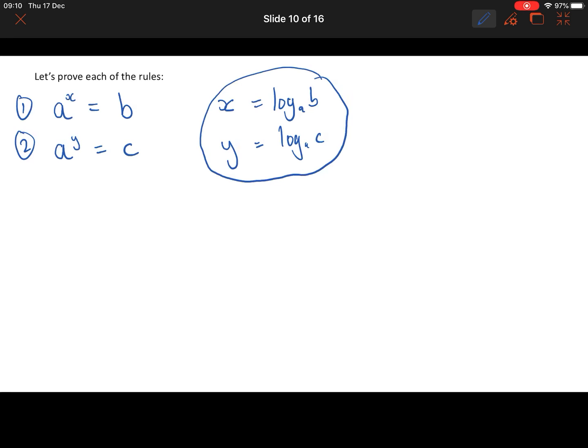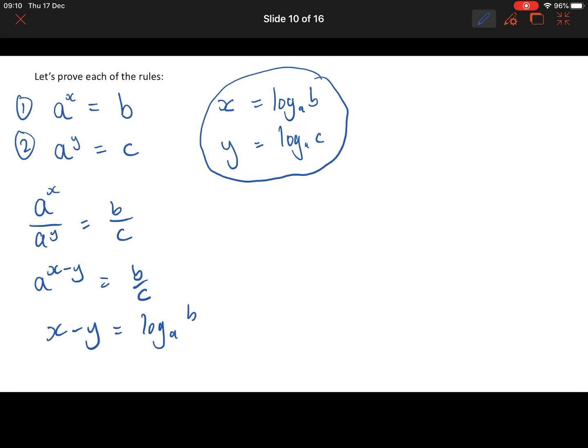I can prove the third rule of logs in very much a similar way. Instead of multiplying equation 1 and equation 2, I'm going to divide equation 1 by equation 2. So I'm going to get a to the x over a to the y is equal to b over c. And using the rules of indices, that means that we get a to the x minus y is equal to b over c.